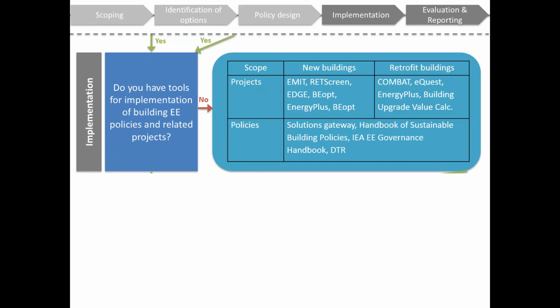There are also tools which cover this implementation stage in terms of the policy guidance. A few are mentioned here, and I will show an example as well at a later stage.